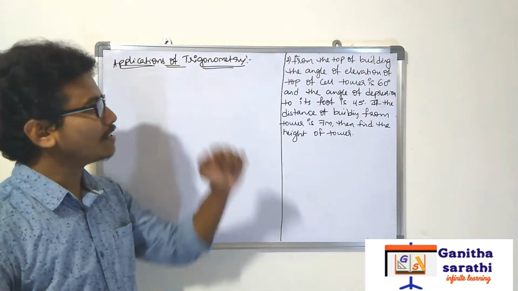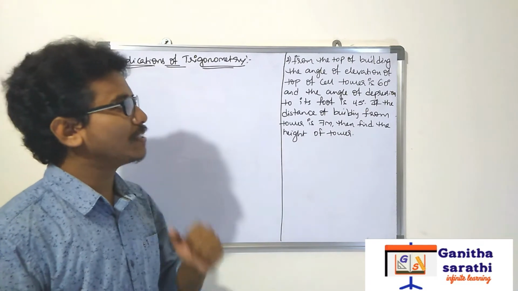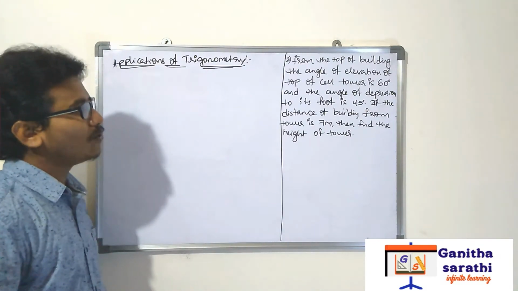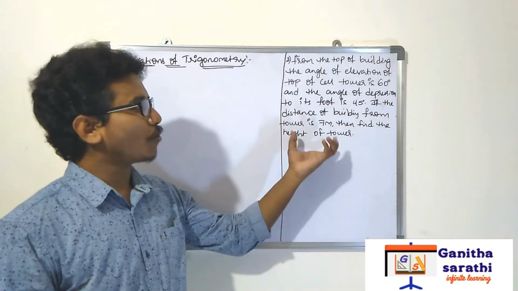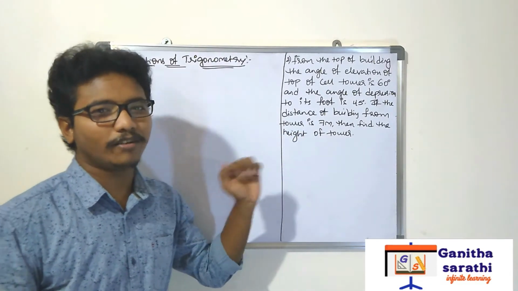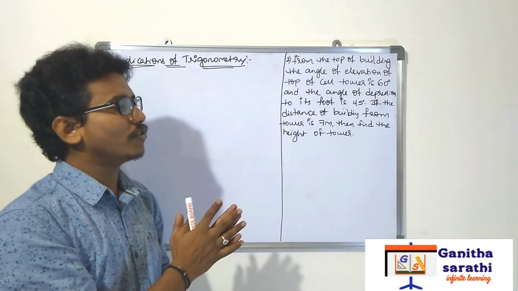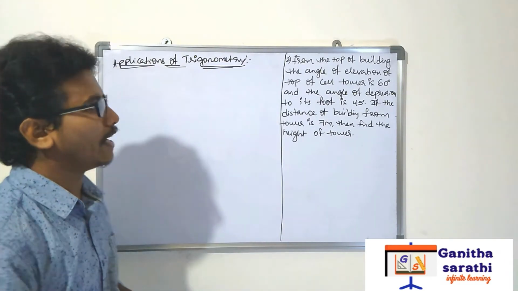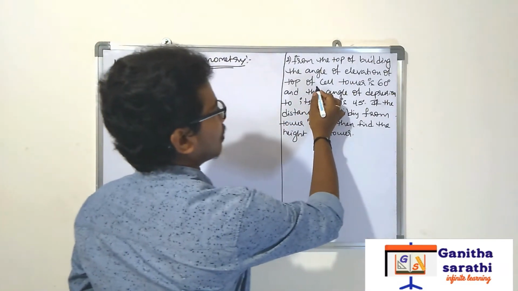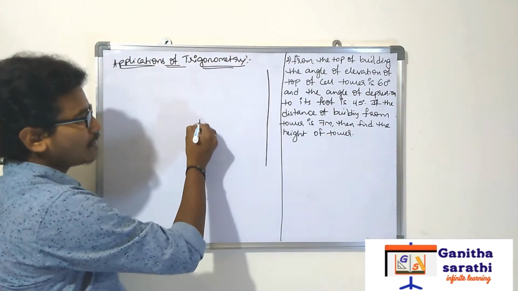Now, let us see the second problem. From the top of building, the angle of elevation of top of cell tower is 60 degrees. We have discussed this kind of problem in my first video of applications of trigonometry, how we will draw the two angles diagrams. Now see, assume this is the cell tower and assume this is the building.